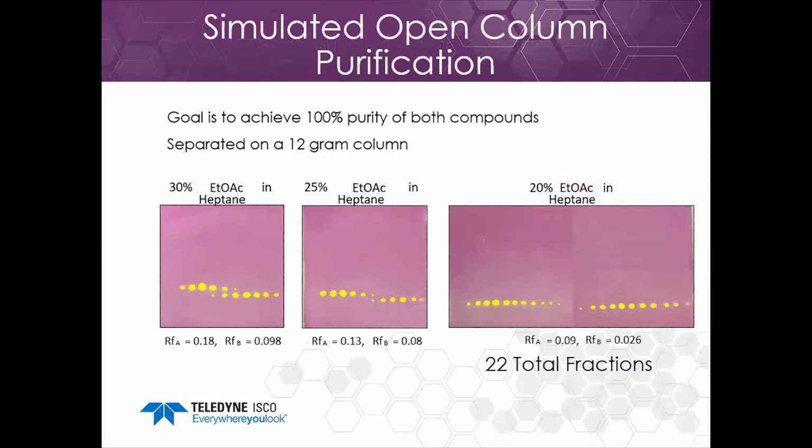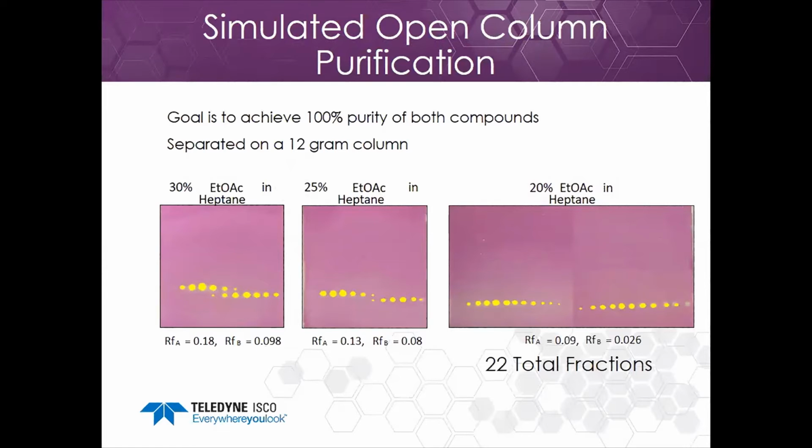Obviously our goal is to achieve 100% purity of both compounds, so we don't want mixed fractions. We want to minimize the amount of solvent, so we don't want a large gap between the elution of these compounds, and that's going to save us time and solvent and ultimately money.